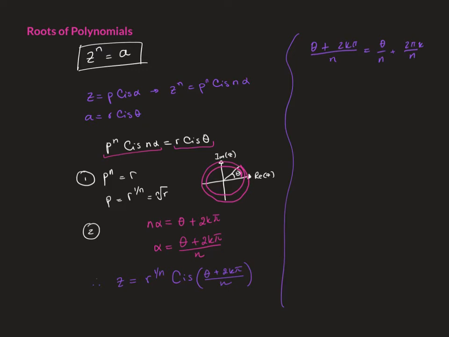So there is no point in continuing to take different values of k above n minus 1. So I'm going to limit the values of k to 0, 1, 2, 3, etc., but the last one I'm going to take is n minus 1. With this limitation, we make sure we have n solutions of the equation of degree n. Let's do an example to see this in action.